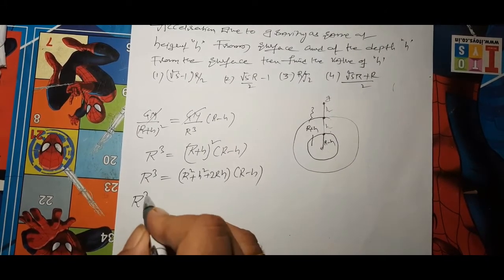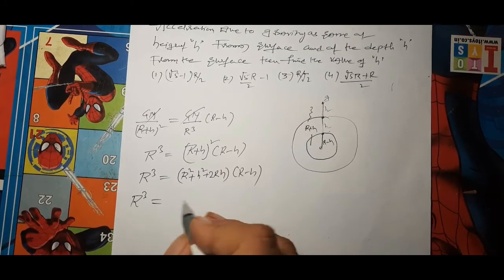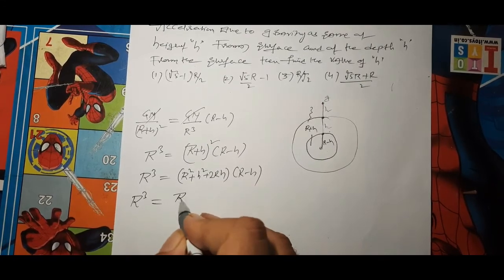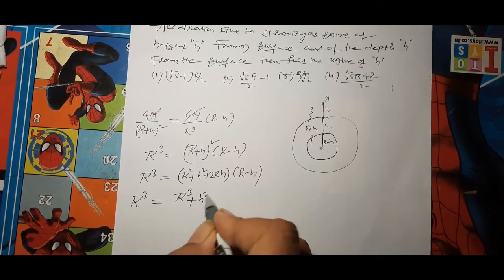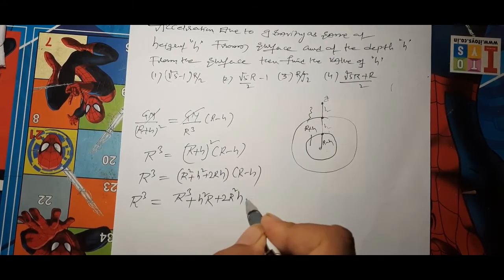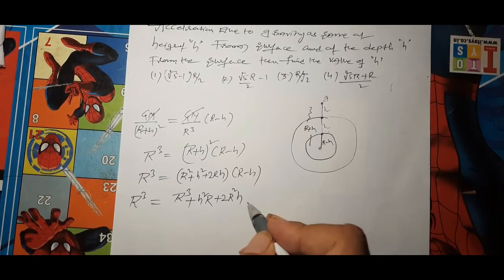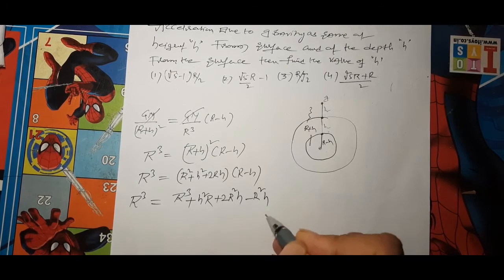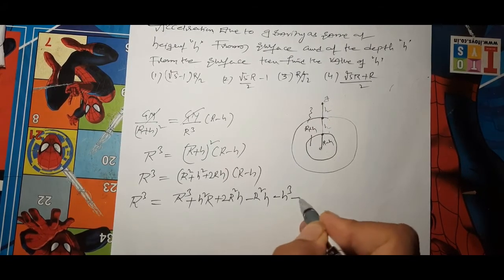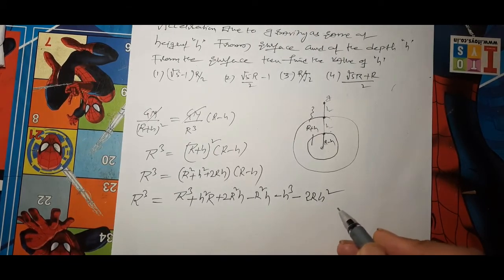So r cube is equal to r square into r, that is equal to r cube plus h square r plus 2r square h, minus r square h minus h cube minus 2rh square.